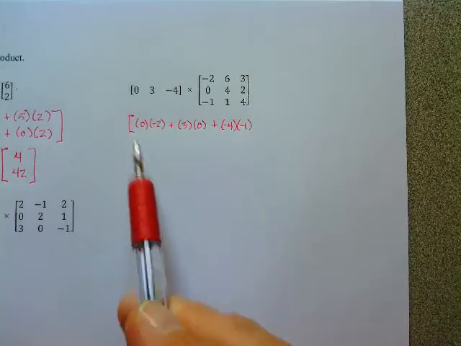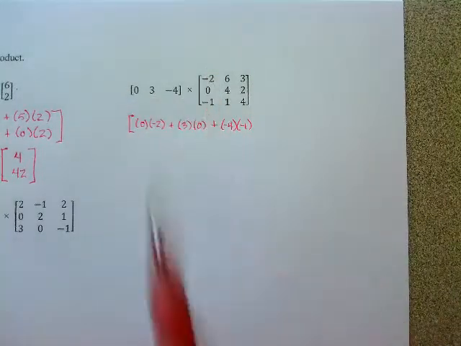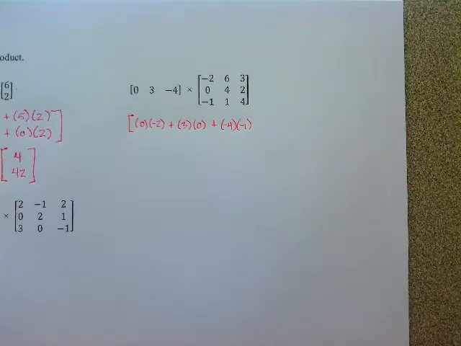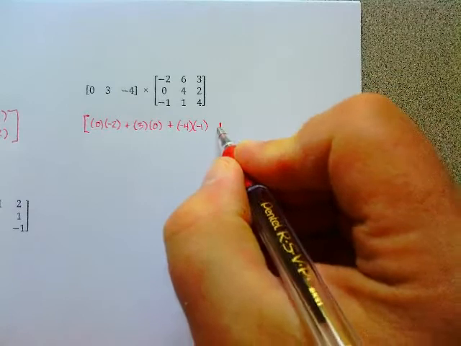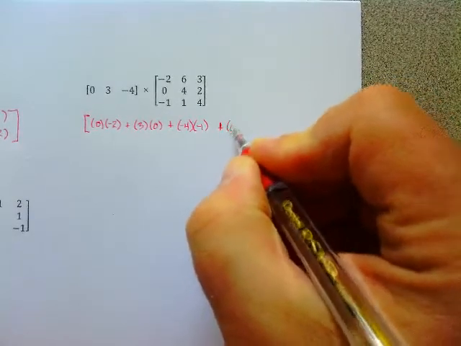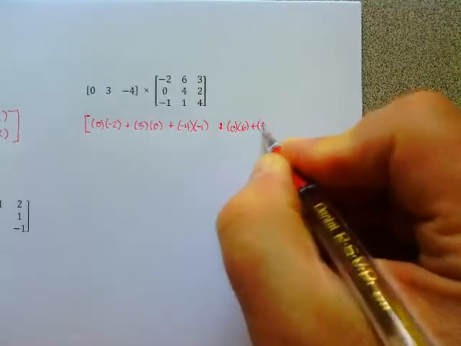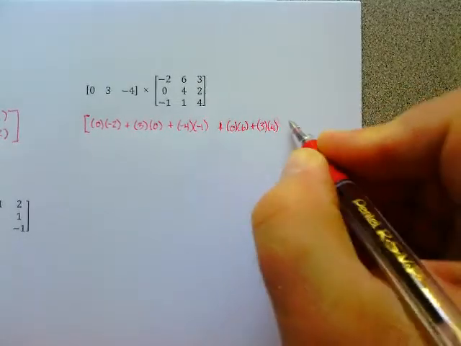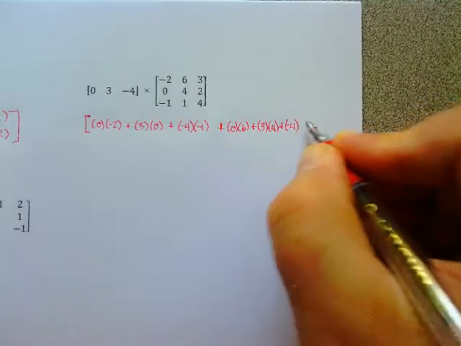So note how we have gone across and down in terms of what we're matching up. Okay, so in the next one we'll have 0 and the 6, 3 and the 4, and -4 and the 1.